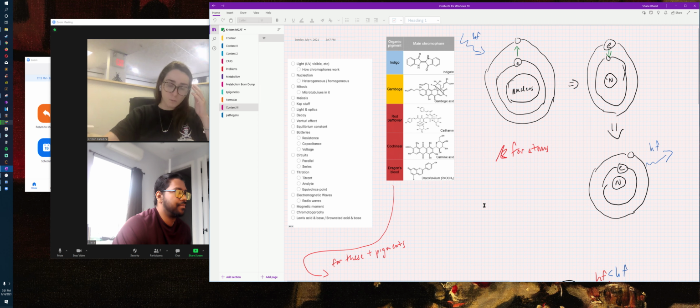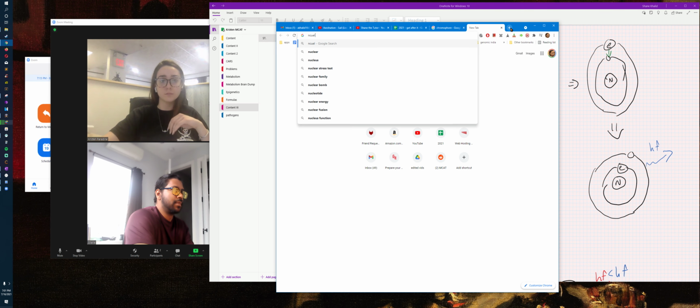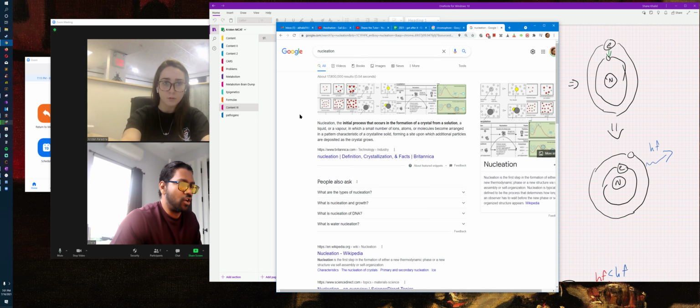Nucleation. I have no idea what that is, honestly. So I believe nucleation is like when you're mixing something, it will make bubbles, and to start a crystal.